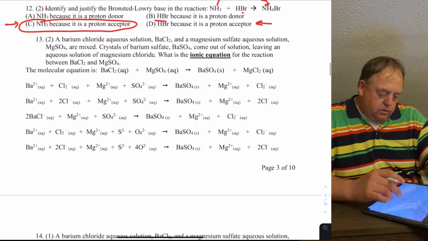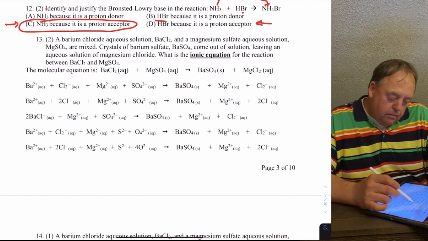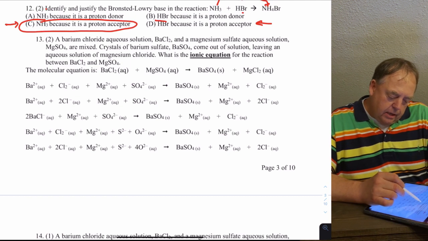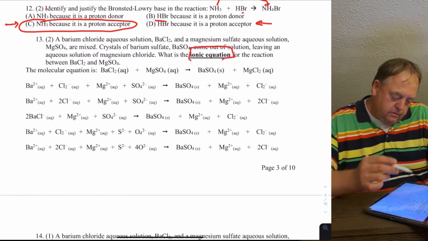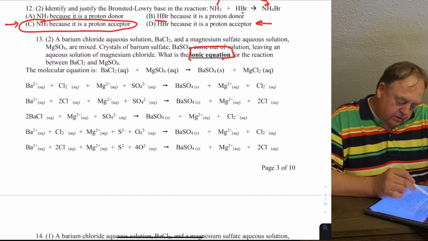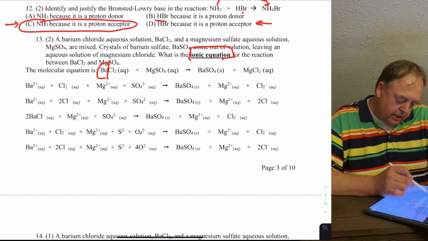Okay, so this one, another chapter 4 problem. All of these so far from chapter 4. So you're asked to write an ionic equation. Start from this equation. So you have to recognize that, first of all, barium's the cation, and what charge does it like to be? It likes to be +2.